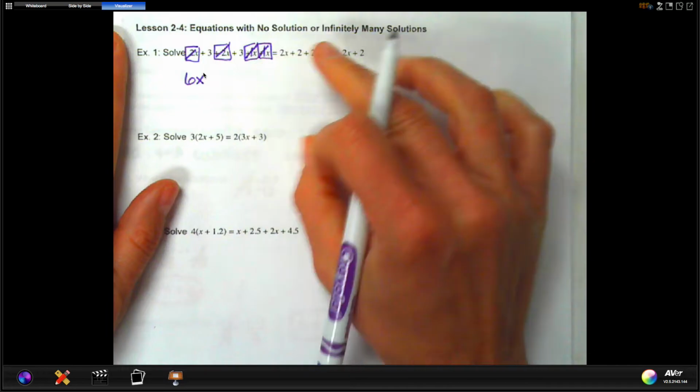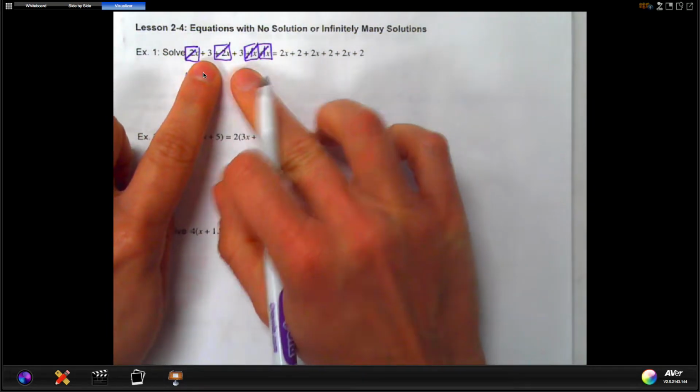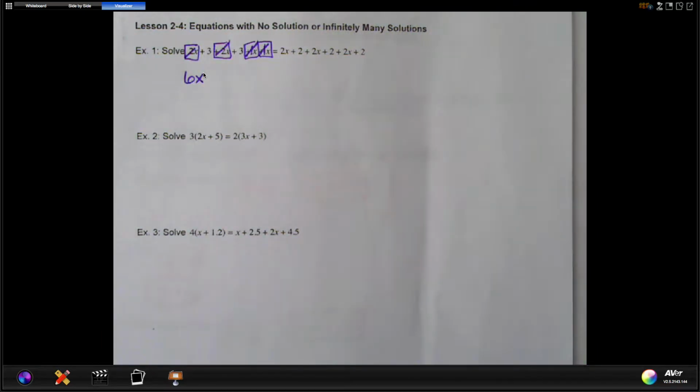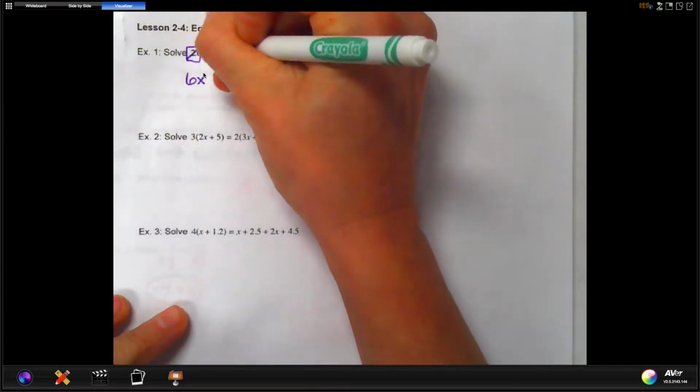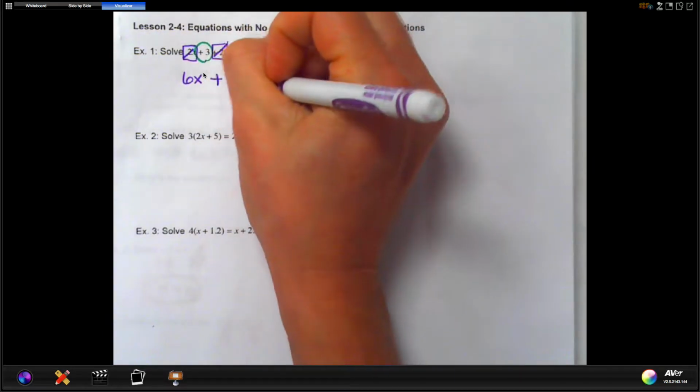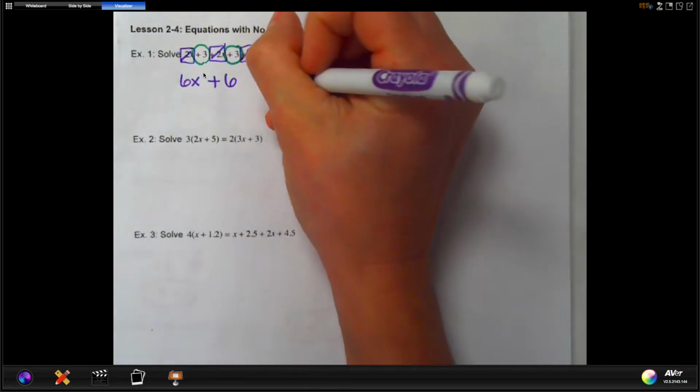Okay, now we also have 2 plus 3's in there. And since both of them do not have a variable, we can actually combine those as well. So plus 3, well, 3 plus 3 gives us 6. So on this side, we've already condensed it down quite a bit. Let's do the same on the other side now.